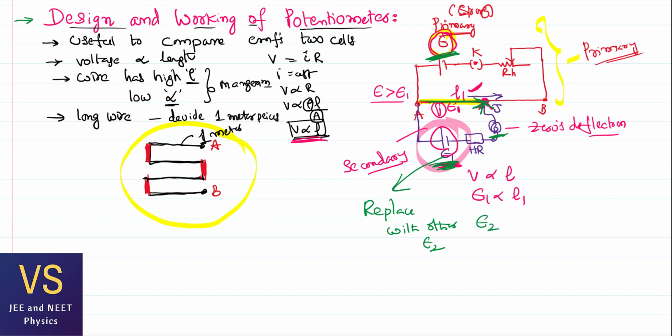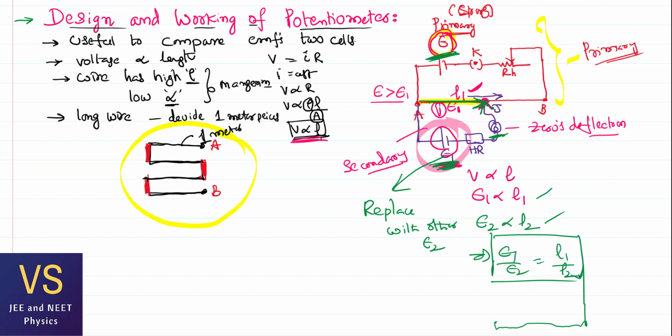In that case, you can say E2 is directly proportional to L2. So dividing these two equations, E1 by E2 equals L1 by L2. These values of L1 and L2 we can simply measure with the help of a scale. Thus, simply using a potentiometer, we can compare the EMF of two cells.